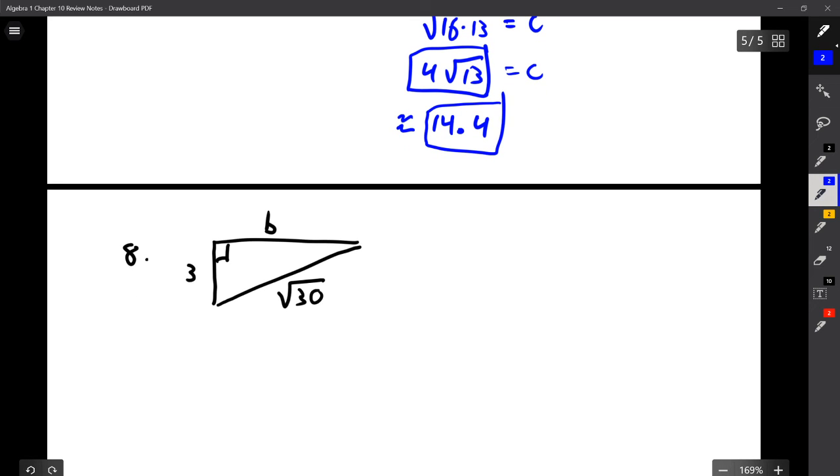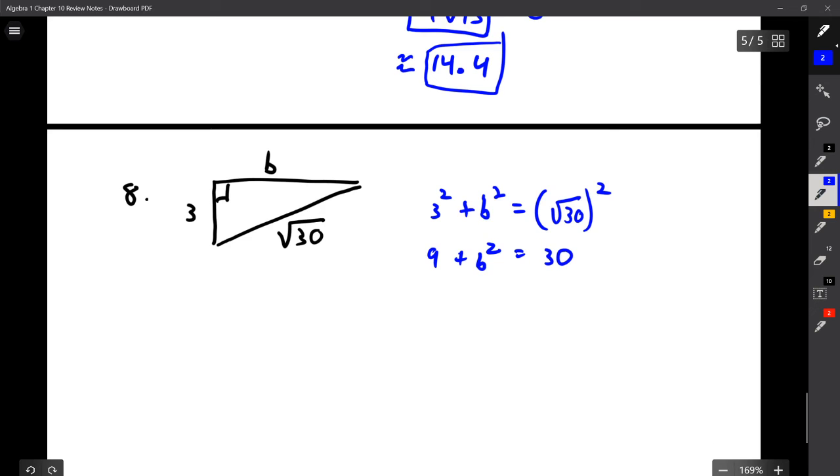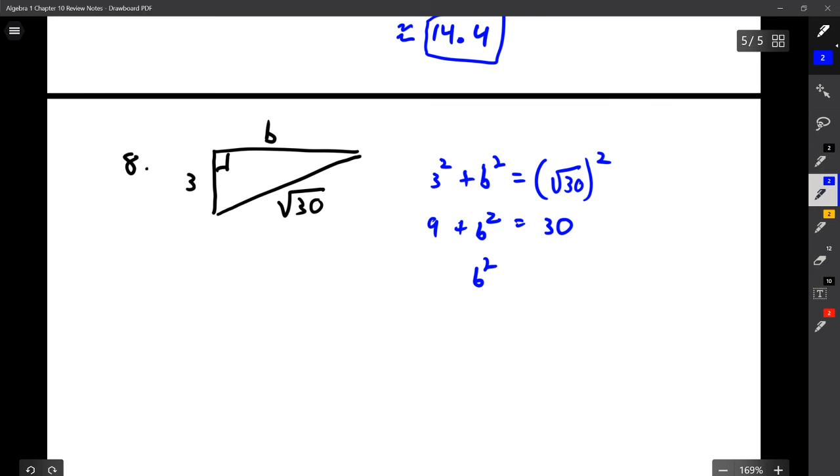So square root of 30 is my hypotenuse. So when I set this up, I need to say 3 squared plus B squared equals square root of 30 squared. So this gives me 9 plus B squared equals 30, because the square root of 30 squared is just 30. So then B squared equals 21.